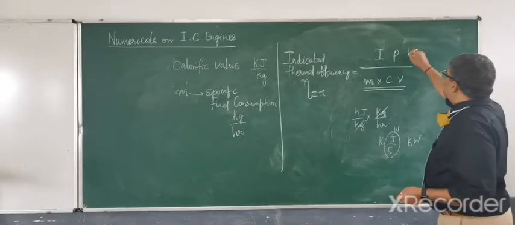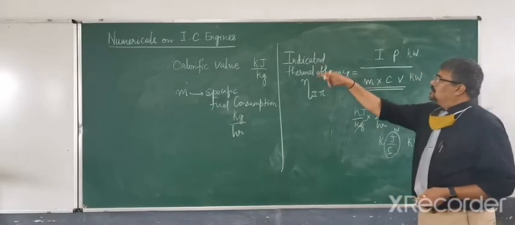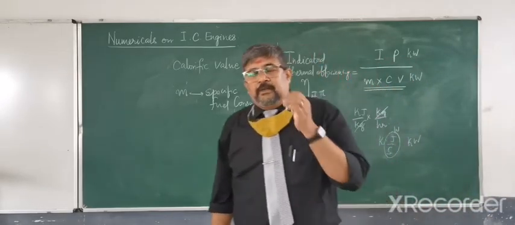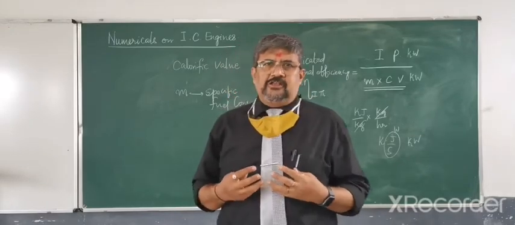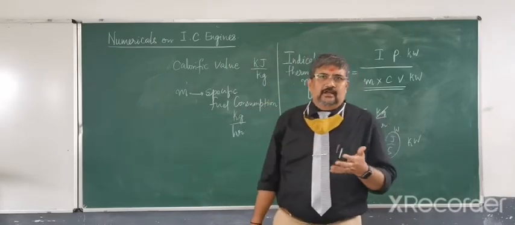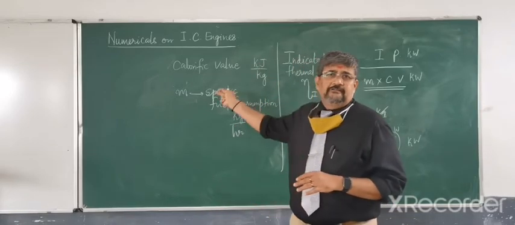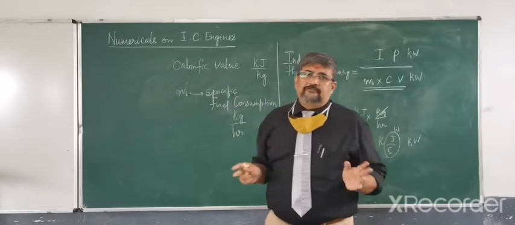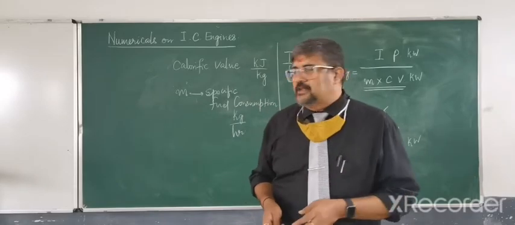This also has the units of kilowatt, and we can find out the indicated thermal efficiency. Indicated thermal efficiency plays a very important role because the overall thermal efficiency depends on how much fuel is getting consumed per hour, and also on the calorific value of the fuel. The calorific value for petrol is different from diesel, and for petrol it is generally higher than that of diesel.